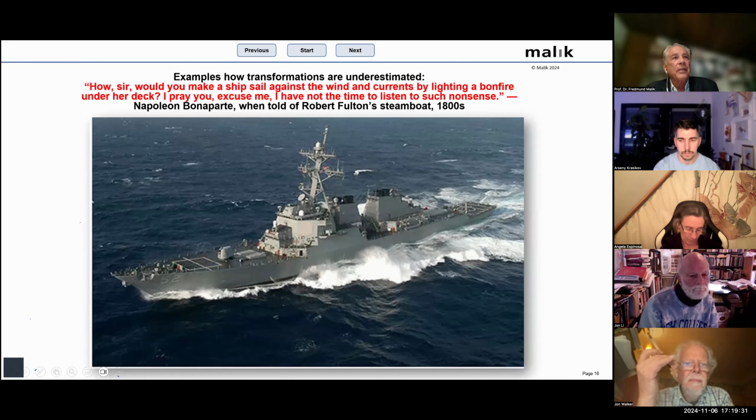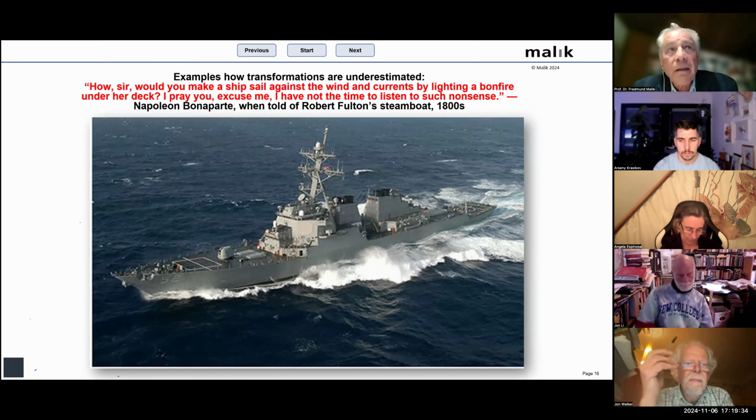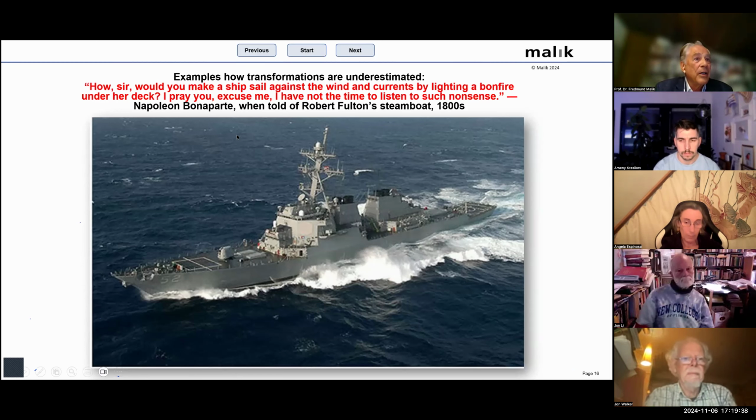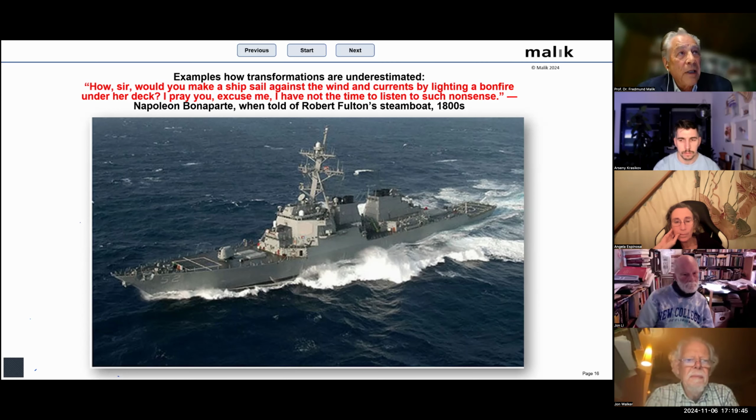Now, some examples of how transformations are underestimated. Somebody said, namely Napoleon Bonaparte, when he was told of Robert Fulton's steamboat in 1800: How, sir, would you make a ship sail against the wind and currents by lighting a bonfire under her deck?